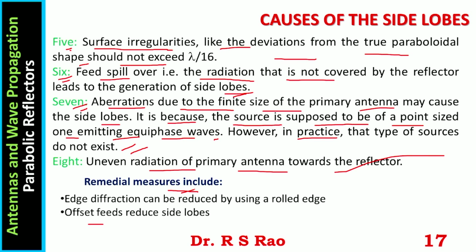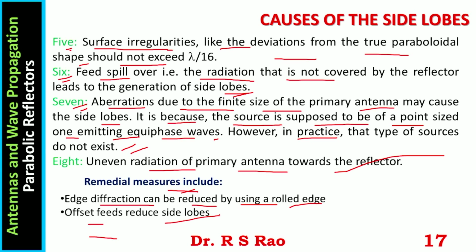Remedial measures are measures that are capable of eliminating or reducing side lobes. What are those measures? Edge diffraction can be reduced by using a rolled edge. Offset feeds can reduce side lobes. These are some measures for reduction in side lobe level.